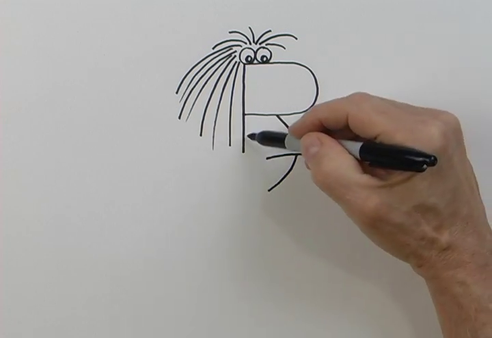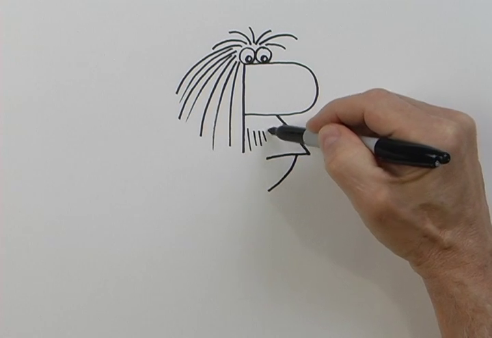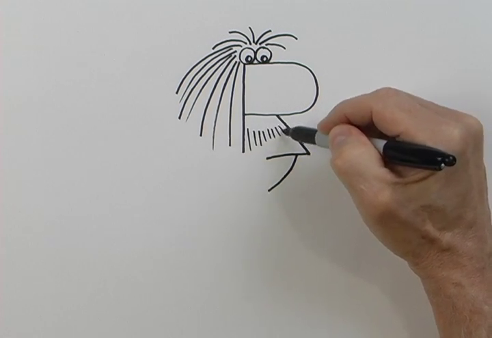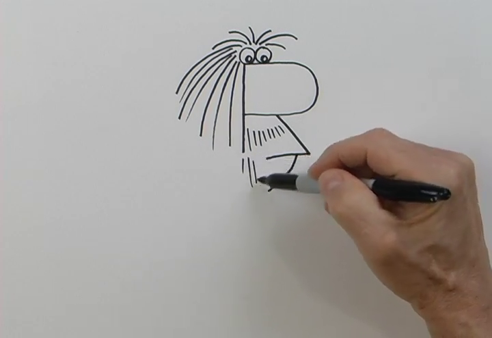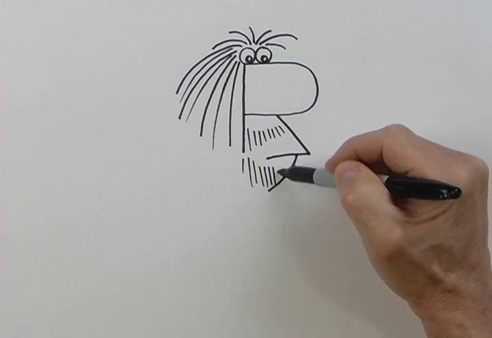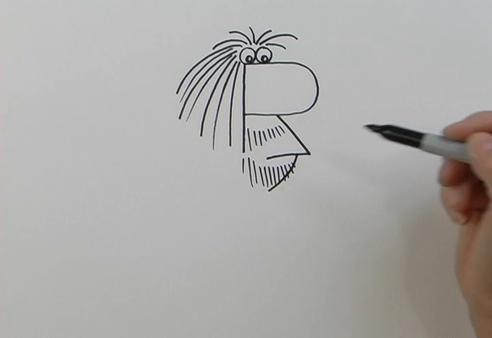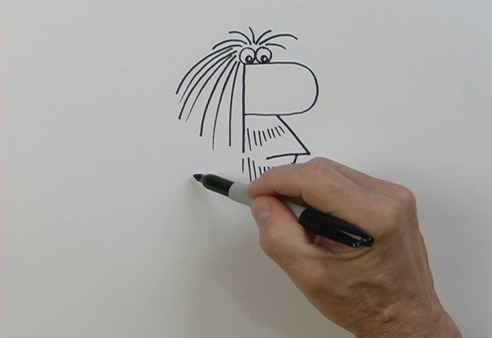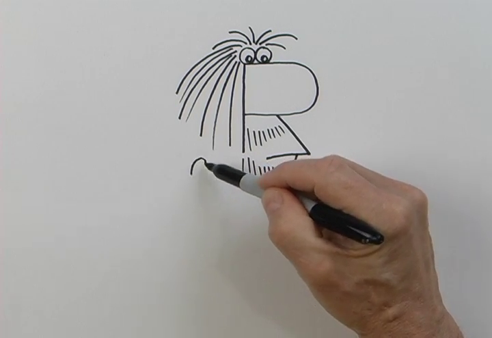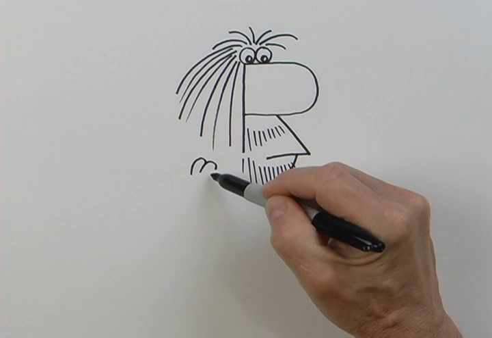Now let's make his beard. Just a series of straight lines like so. Some more straight lines for his beard. Look at that. And a curved line there, another curved line. Those are his fingers.